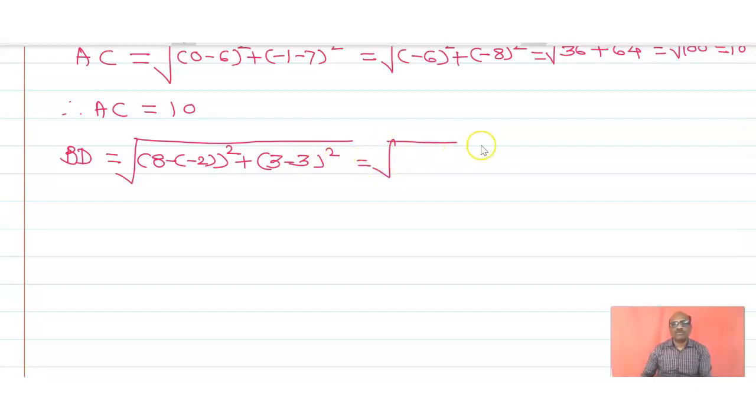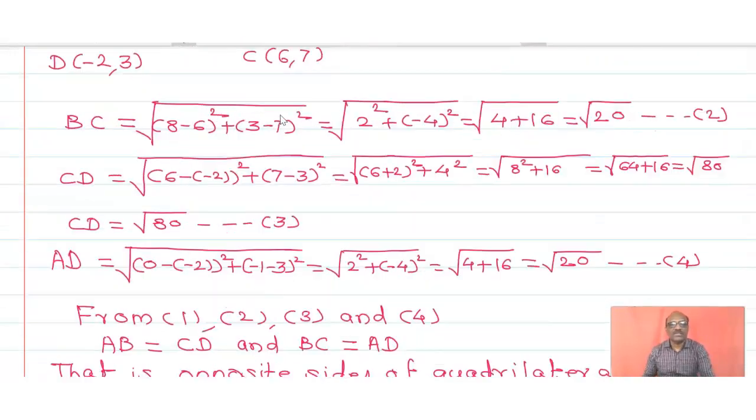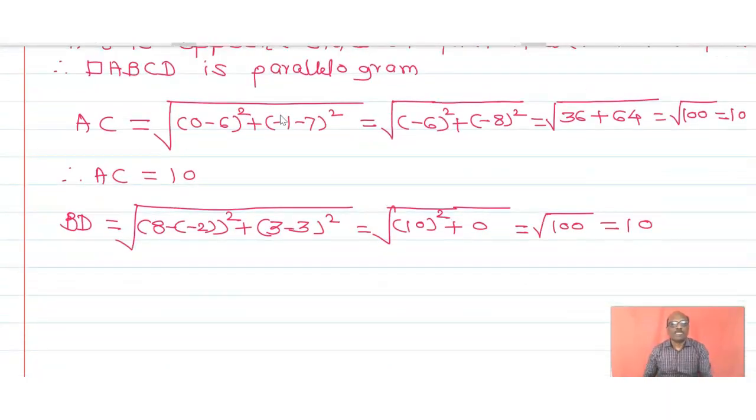Now in the root, here 8 minus (-2) is 10, and it's squared, plus 0, and that is the root of 100, and that is equal to 10. Okay, this is the fifth one. And BD is equal to 10, and this is the sixth one.